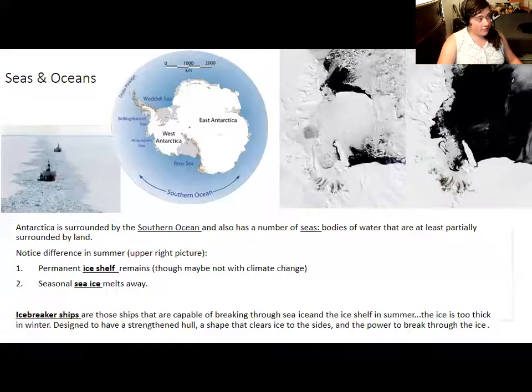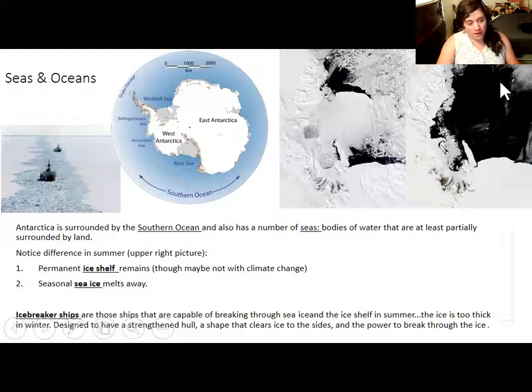Antarctica physically is surrounded by the Southern Ocean, and there are also several seas, these smaller bodies of water that are sort of hemmed in by land, like the Ross Sea, near where I was working, and the Weddell Sea. And something I want to bring up that we'll come back to later is that there is a difference between sea ice and ice shelves. Ice shelves, as I mentioned before, are the extensions of glaciers that go out over the water.